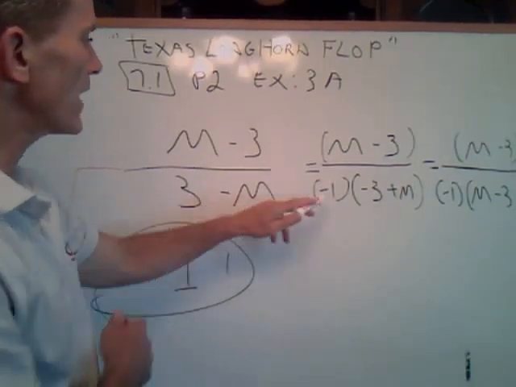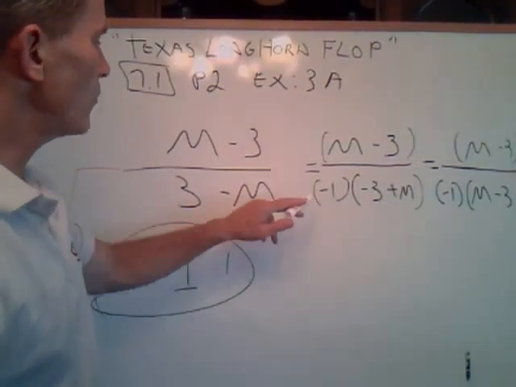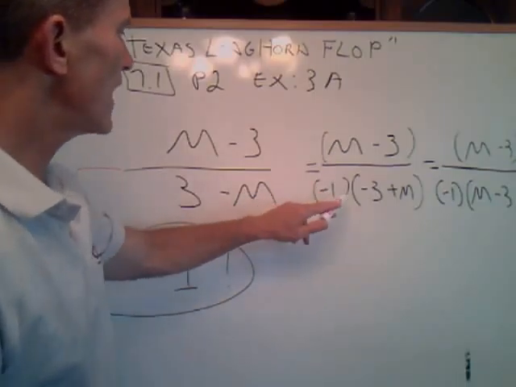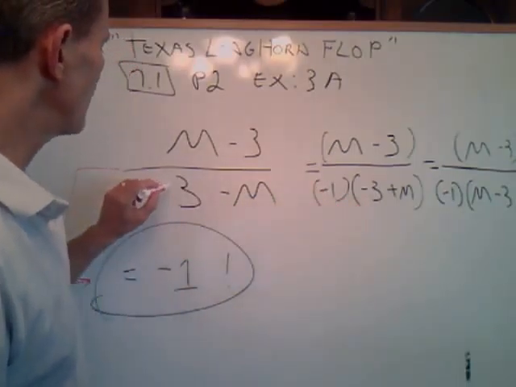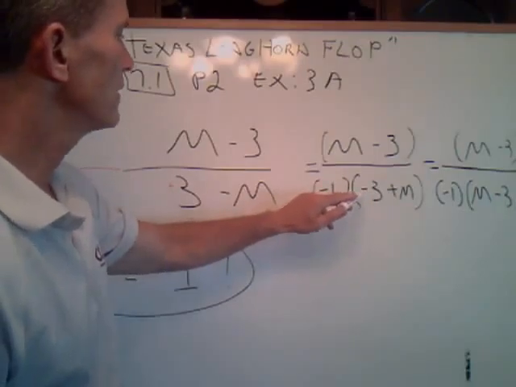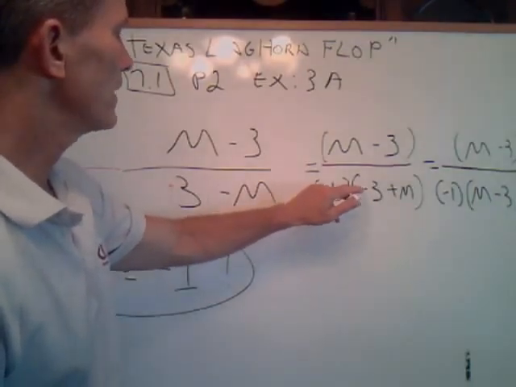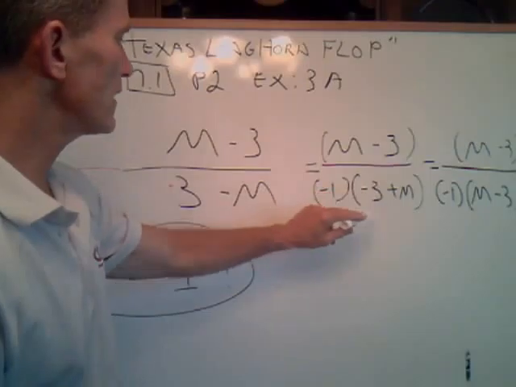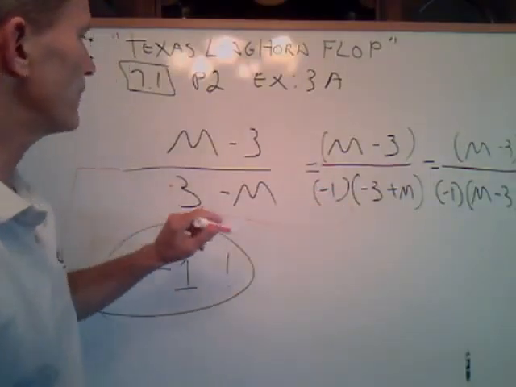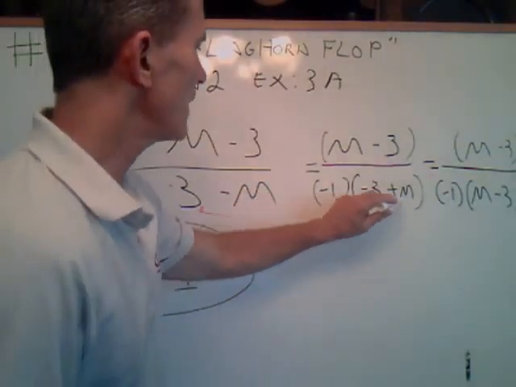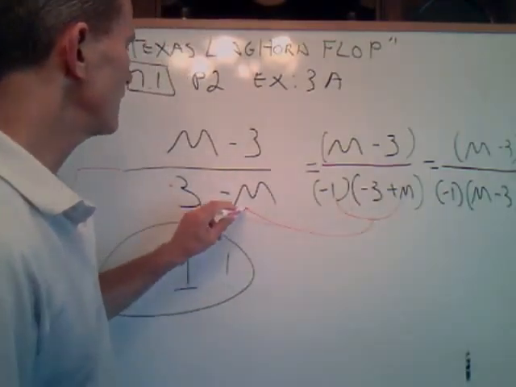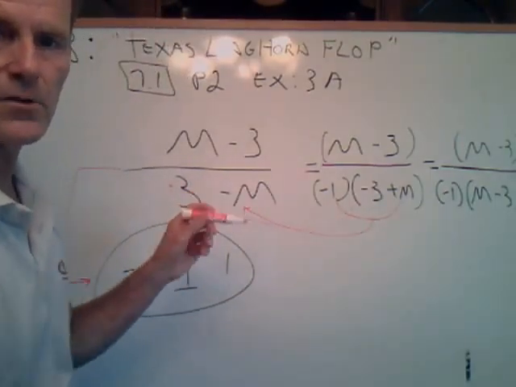Now to pull out a -1, you have to have equivalency. So -1 times what produces a positive 3? The answer is -3. So -1 times -3 produces positive 3. -1 times m produces -m. I want you to see there's equivalency there.